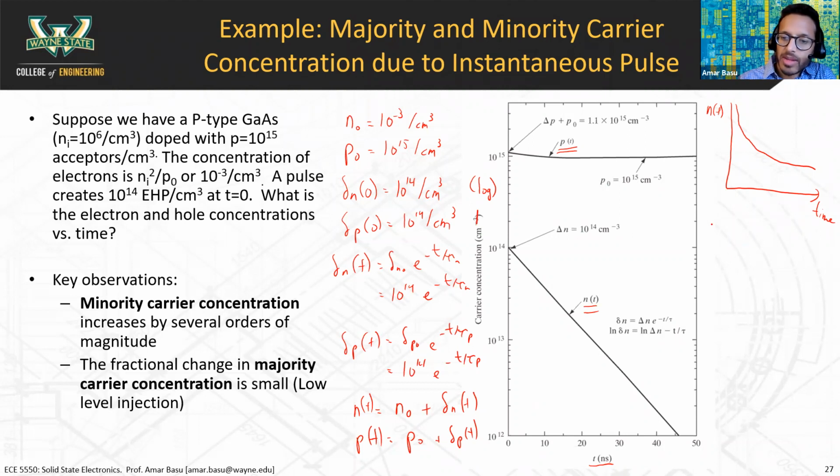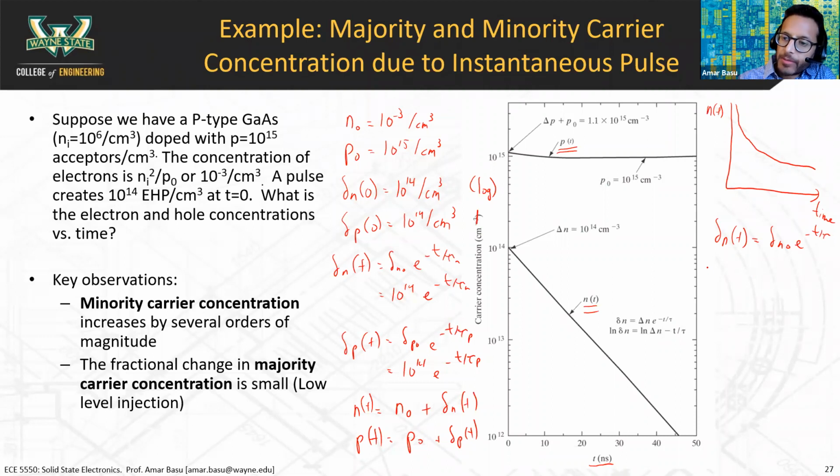So remember, the reason why that is, let's say you have sigma n of t equals sigma n0 e to the -t over tau.